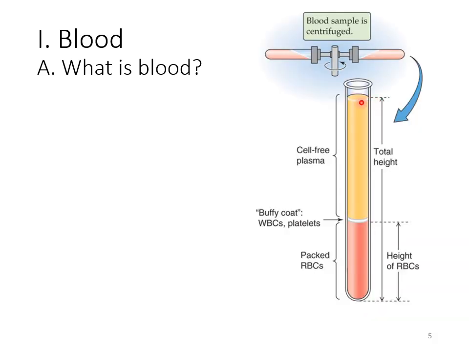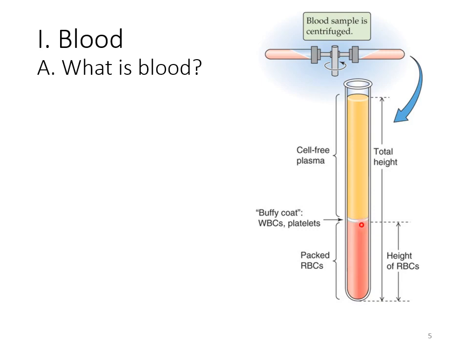If you take a blood sample, put it in a test tube, and centrifuge it, you will see that the blood separates into different layers. The layer on top is your plasma, while in the lower layers, you will see the formed elements, the cellular elements of the blood.